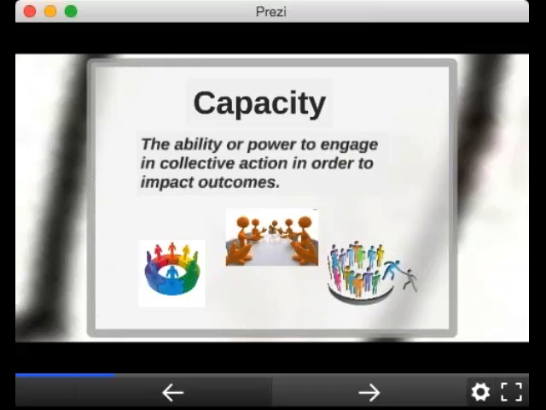Organizations that are able to successfully do that over a period of time, we can say have high capacity. Typically, then, capacity can come from examining three different elements. One of those would be the roles of partners and the role that the coalition plays in the community. Does everybody know their role?